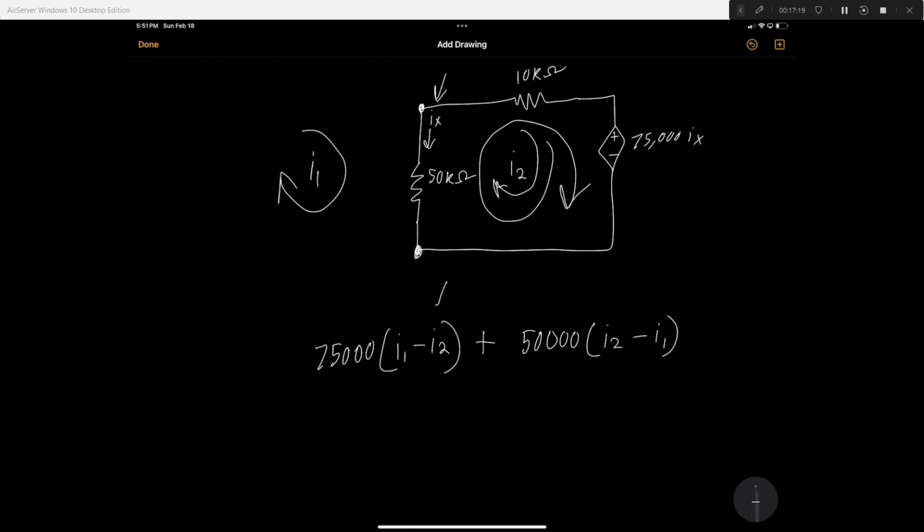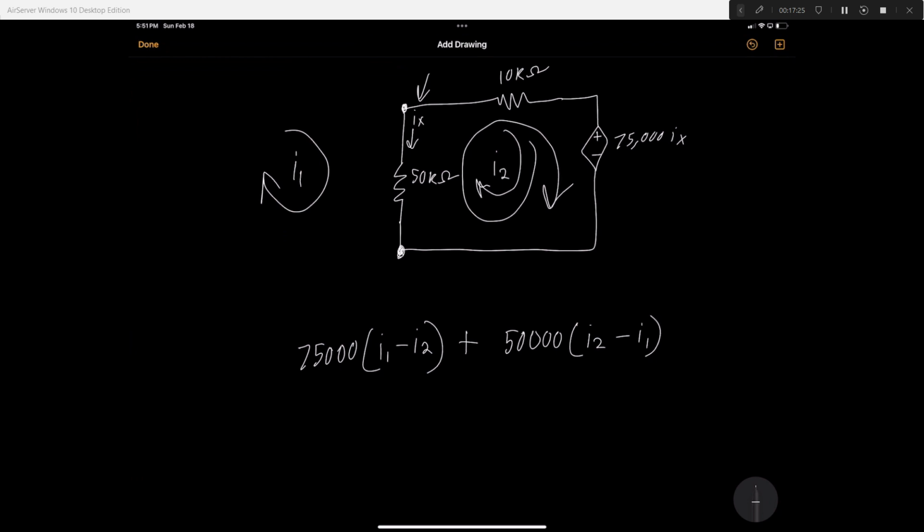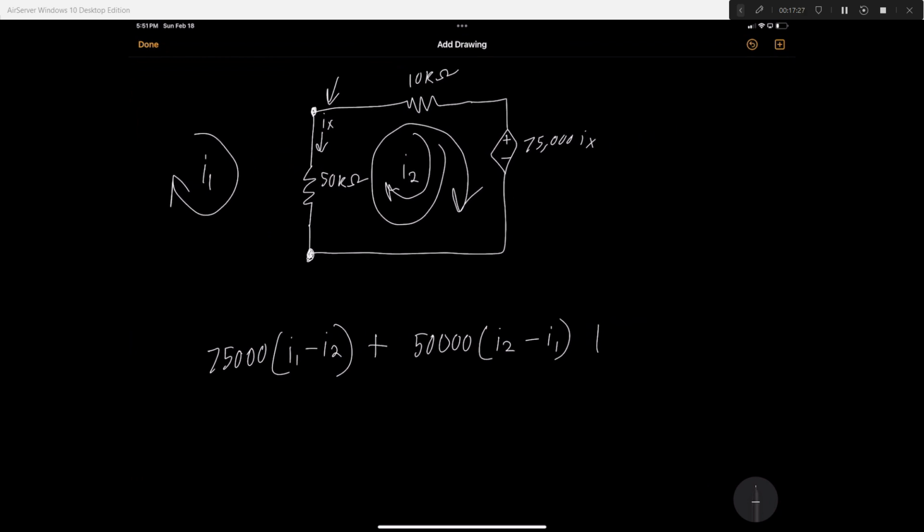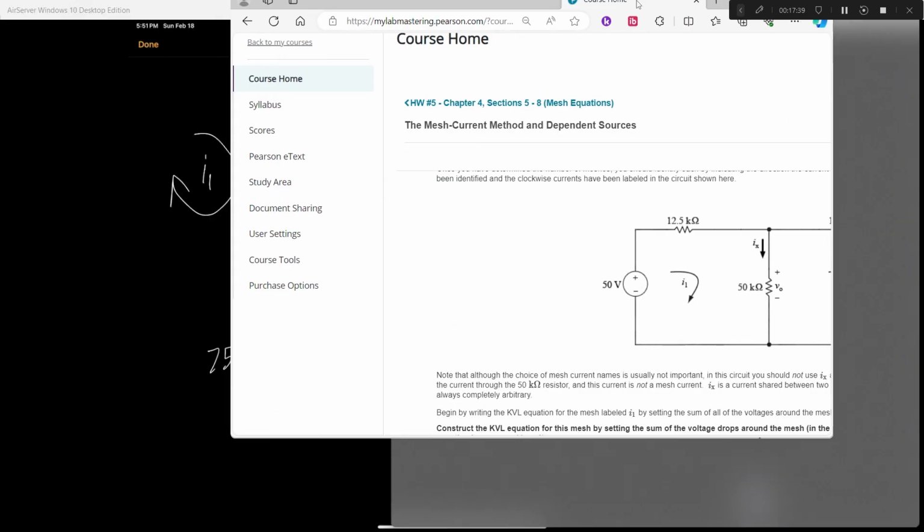I sub 1 may be first here, but we're plugging in what I sub x is. Plus 10,000 I sub 2. And that's our mesh for I2.